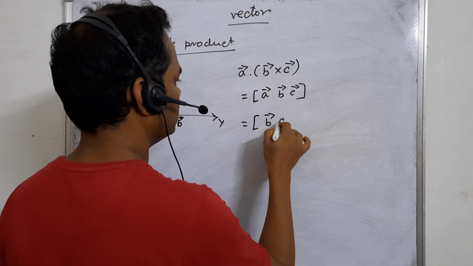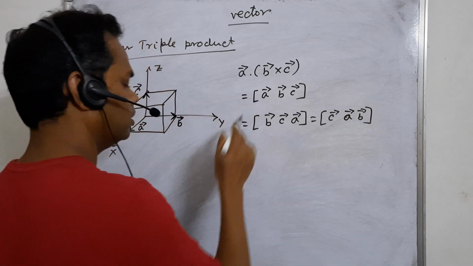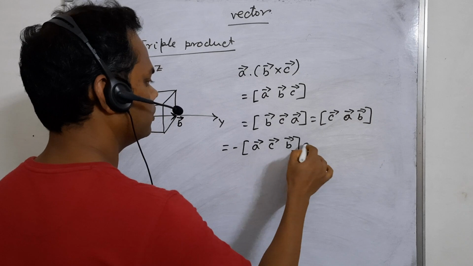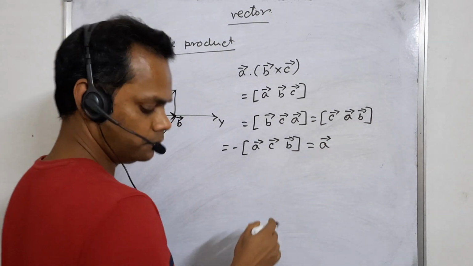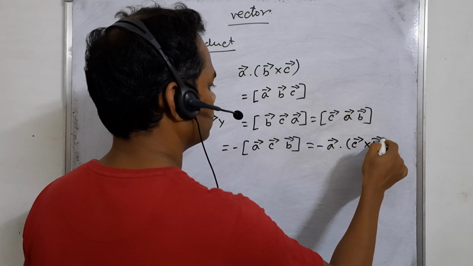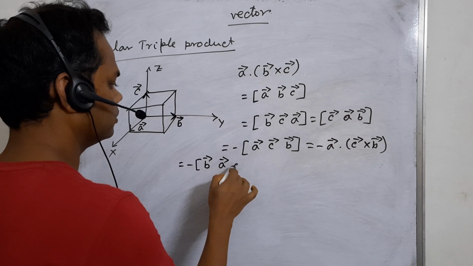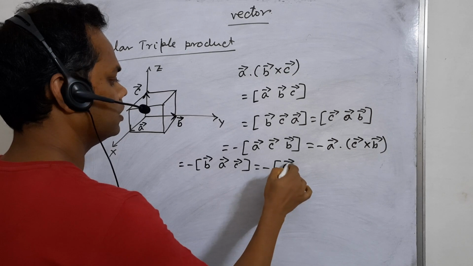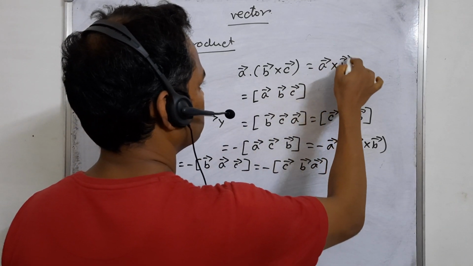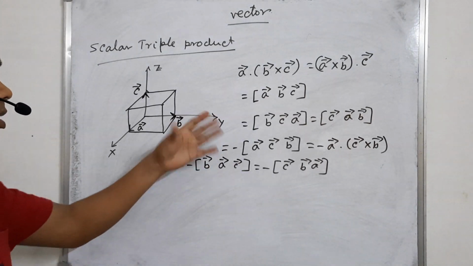Now ABC, BCA have the same value, CAB also the same value, but if the direction is opposite, box of A, C, B equals A dot C cross B with a minus sign, because B cross C is opposite, minus C cross B. So minus ACB, minus BAC or minus CBA, and this is also written as A cross B dot C vector.